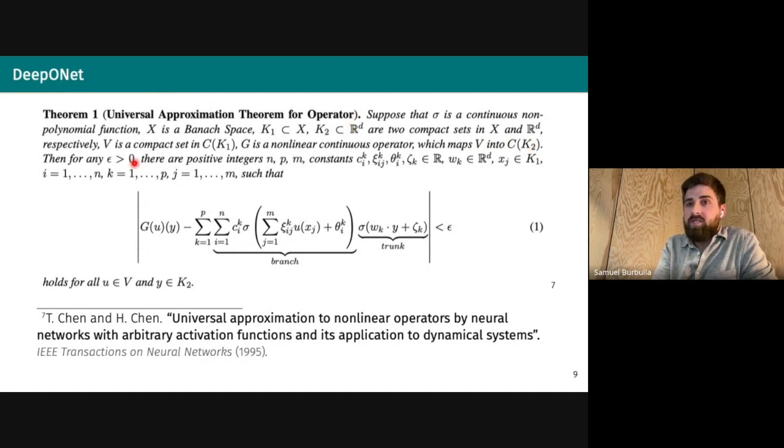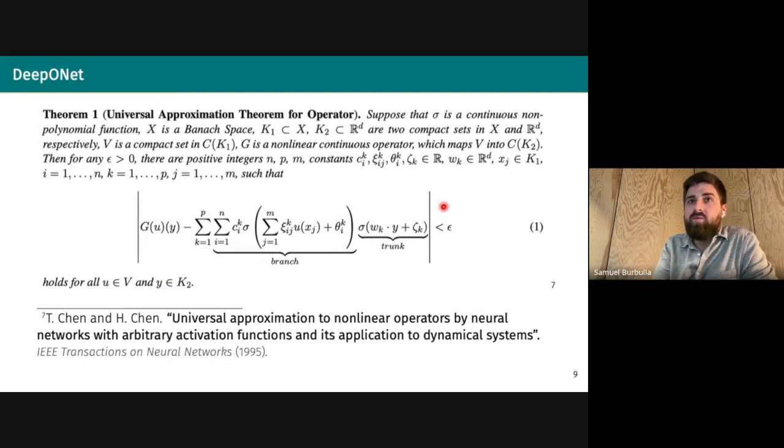So now the statement is, for any epsilon greater 0, there exist positive integers, constants, this is usually what we refer to as weights in neural networks, and positions xj in this K1. K1 was the definition domain of the input function space, such that we have the following estimate for all u in our input function space and all evaluations in the output function space definition domain.